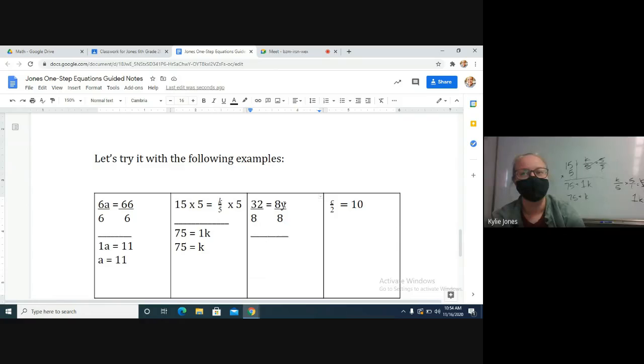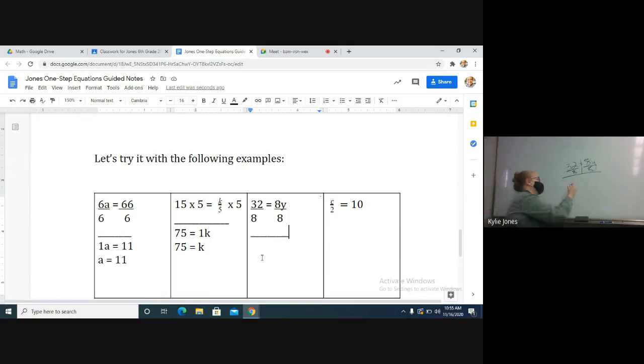So if we're dividing by 8 on both sides, let me write it up here. So we have 32 on one side equals 8y. When we divide on both sides by 8, first of all, we can just do 32 divided by 8.